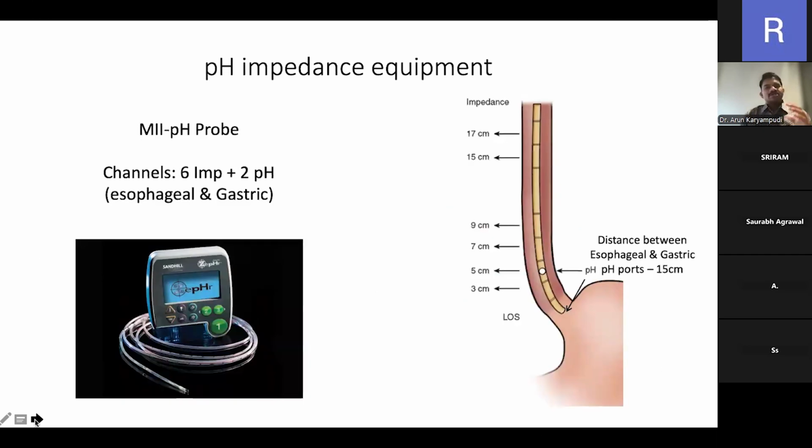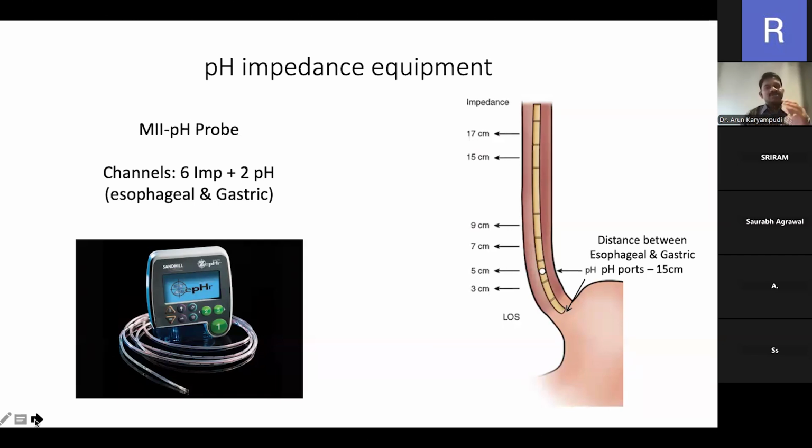So as I told you, there are different types of pH probes. You can have a plain pH probe. You can have a pH impedance probe, what we call a multi-channel impedance pH probe, MII pH probe.